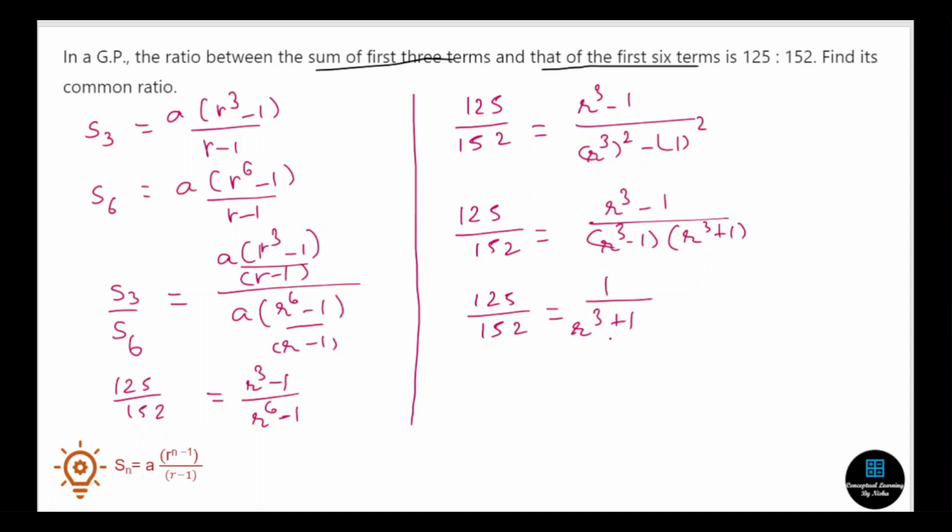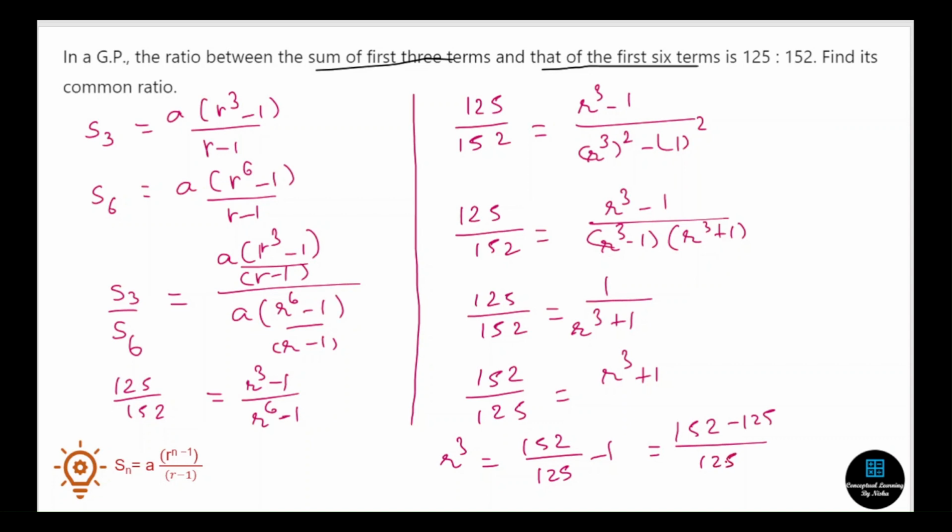Now flip both the ratios, means take the reciprocal of both of them. So 152 upon 125 equals r cube plus 1. Now I can simplify this. So r cube equals 152 upon 125 minus 1. When I simplify this, I'll get 152 minus 125 upon 125.